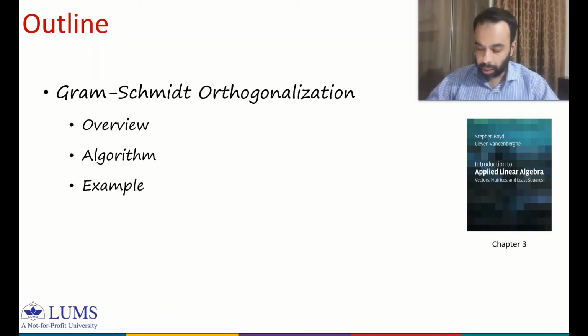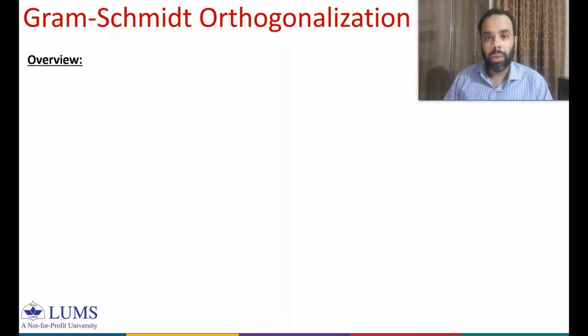Okay, let's start with a quick overview of this Gram-Schmidt orthogonalization process. In the previous module, we talked about the concept of linear independence and orthonormal vectors. So given a list of vectors, how do we determine whether the list is linearly independent or not? To answer this question, we can use this Gram-Schmidt process.